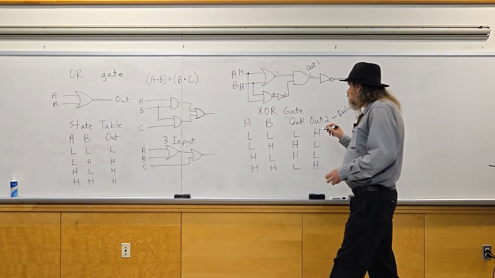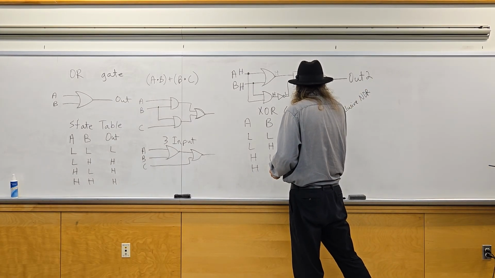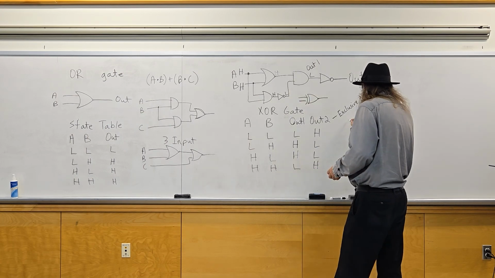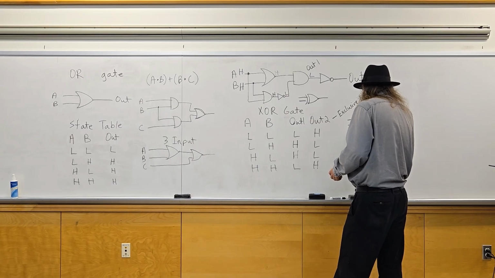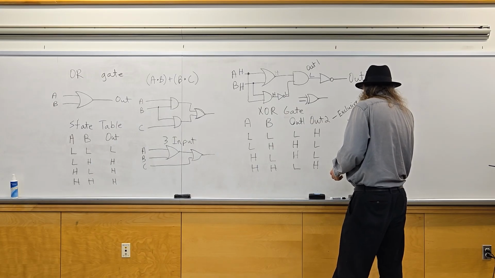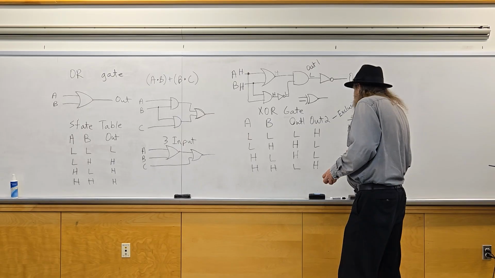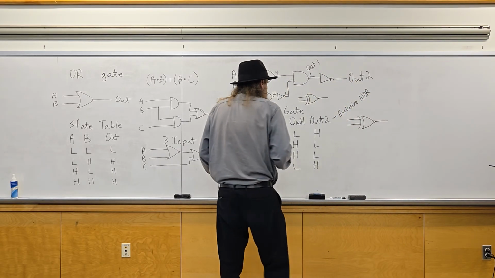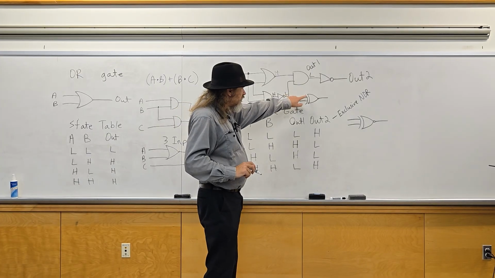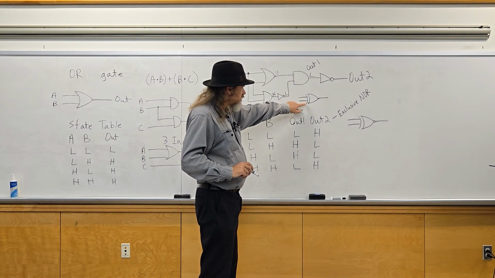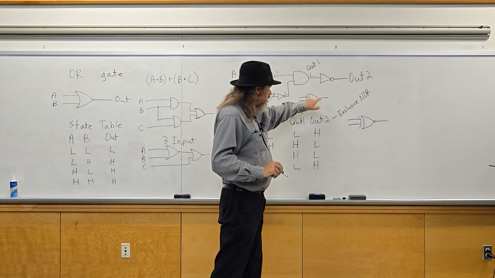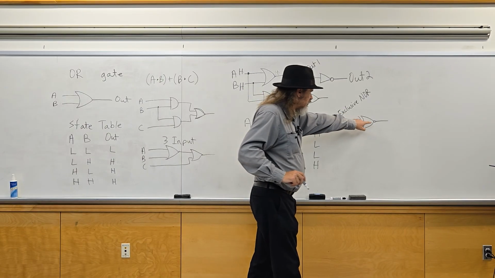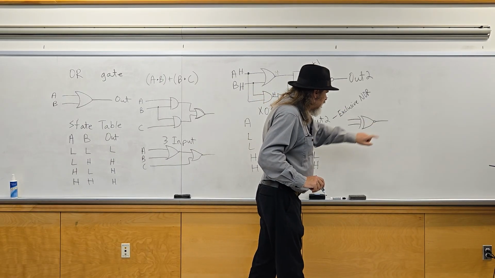The exclusive OR gate has the symbol, and the exclusive NOR, the exclusive is denoted by the extra line out the front, and NOR is inverted output with the bubble on the output.